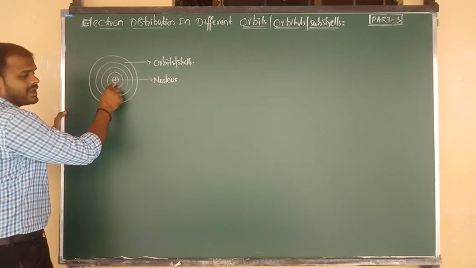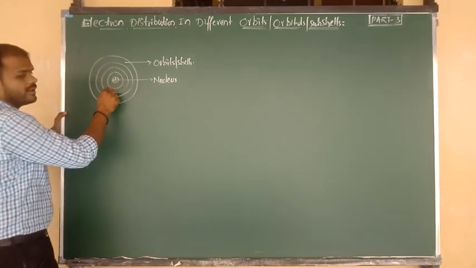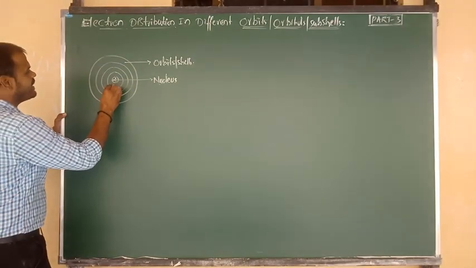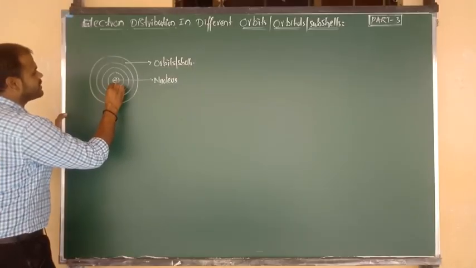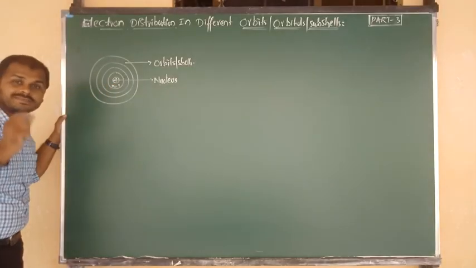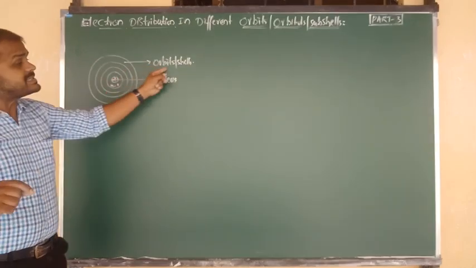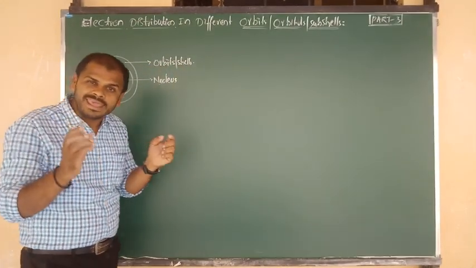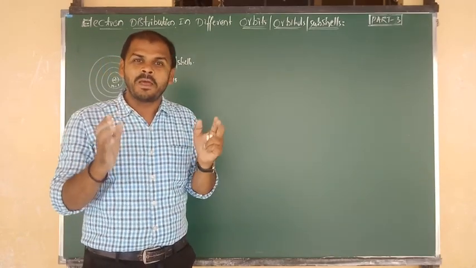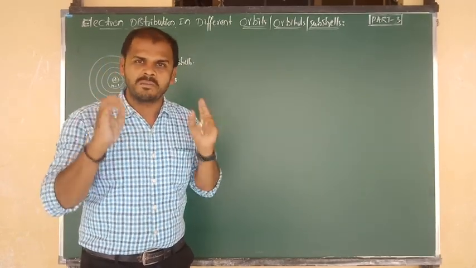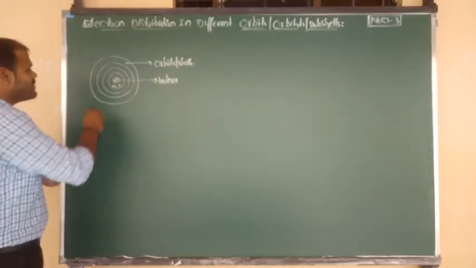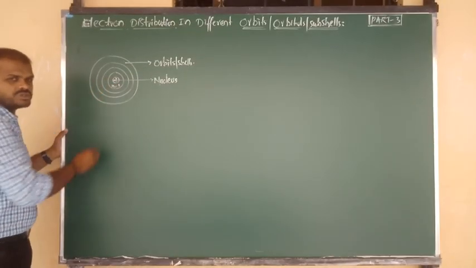Around the nucleus, this is the first circular path, orbit number 1, which is n equal to 1, small n. Orbits or shells are denoted by the symbol small n, which means the principal quantum number. So the first orbit symbol is n equals 1.